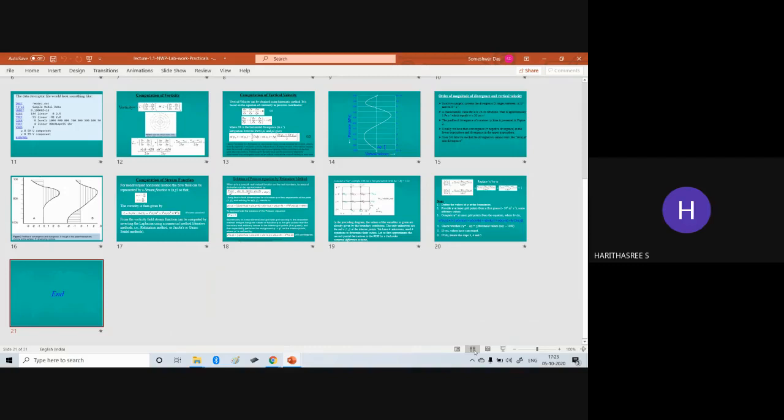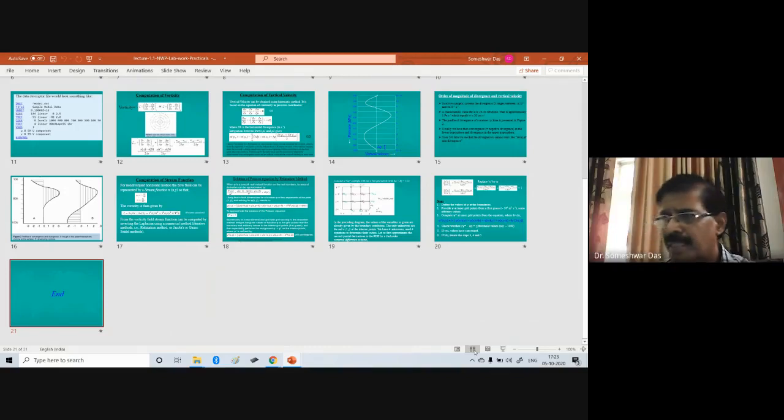Yes, sir. Somebody is taking 1 degree by 1 degree, somebody is taking 0.75 by 0.75. So anyway, your delta x is equal to delta y. For the generalized case, delta x, delta y may not be the same, but in your case, they are the same, right? Yes. Any other point?